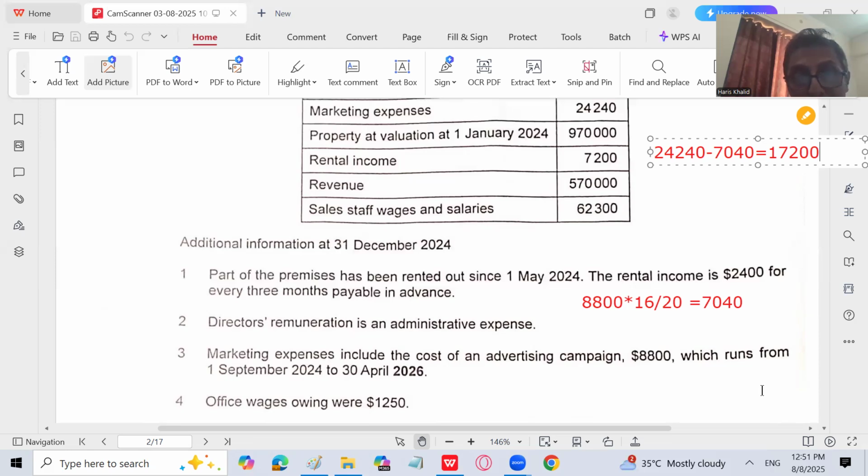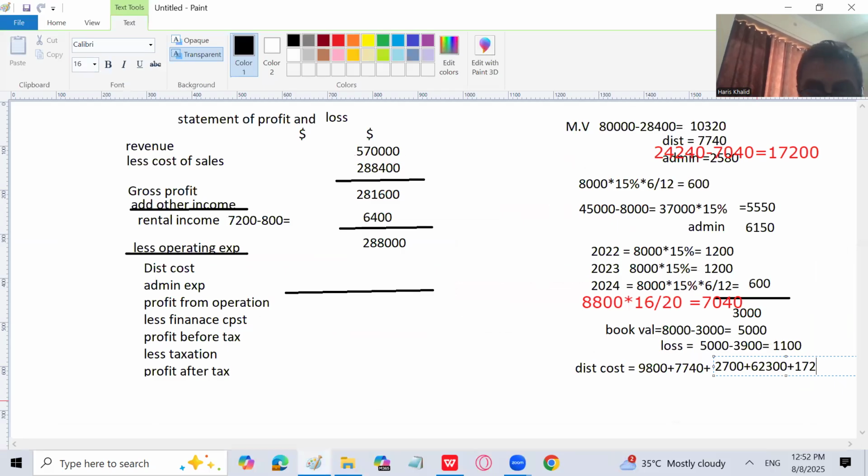Out of this 20 months payment of 8,800, only 4 months belong to our financial year. So 16 months payment has been made for the next financial years, which is prepaid marketing expense, and it needs to be subtracted from the marketing expense paid. So 8,800 into 16 over 20 is 7,040, and we subtract 24,240 minus 7,040, which is 17,200. Let me write here now: marketing expense 17,200.